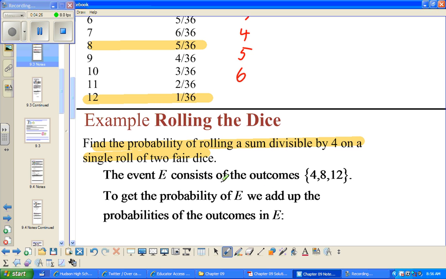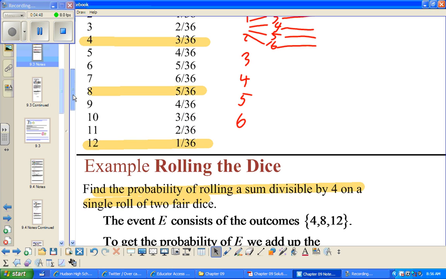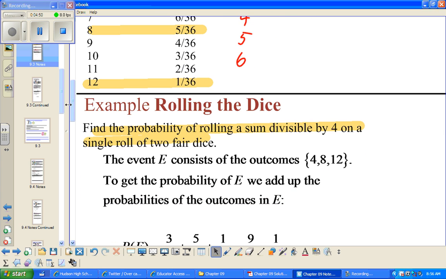The event E consists of these following outcomes, and we use these brackets to list what's in an event. So 4, 8, and 12 make up event E. To get the probability of E, we add up the probabilities of the outcomes in E. So the probability of rolling a 4 is 3 out of 36.